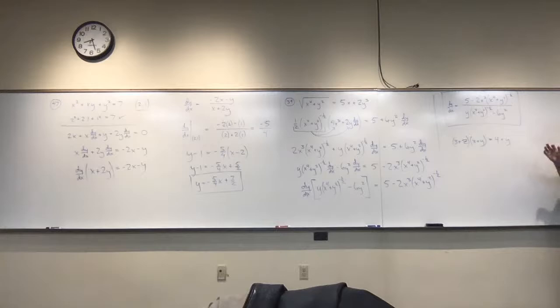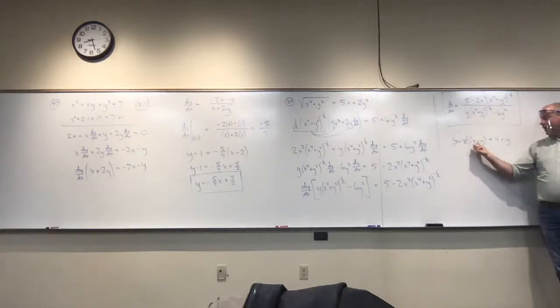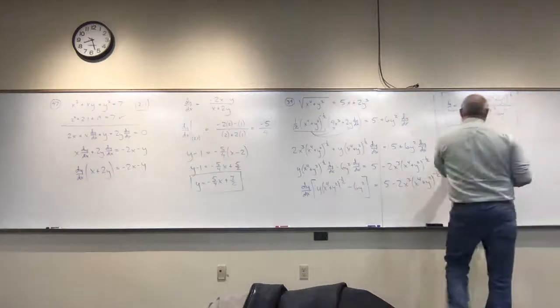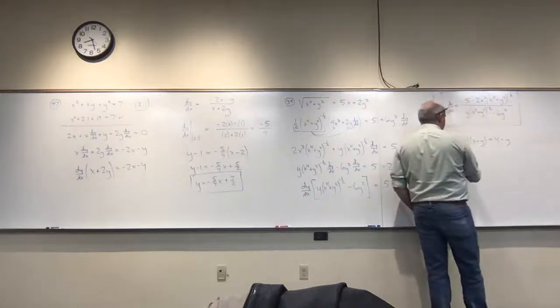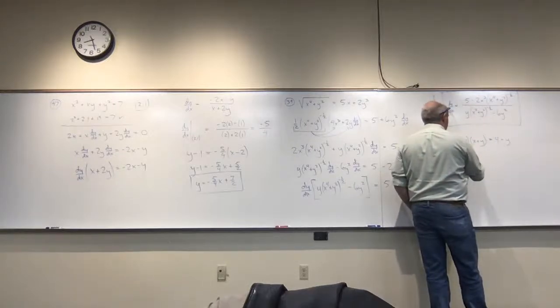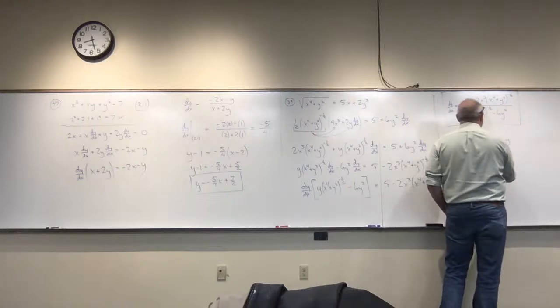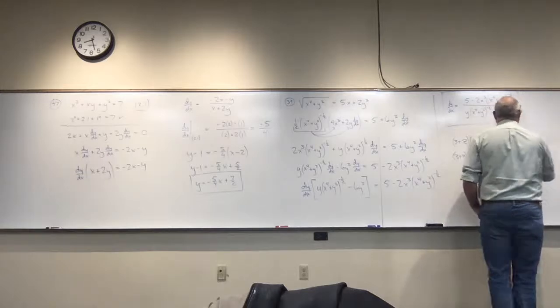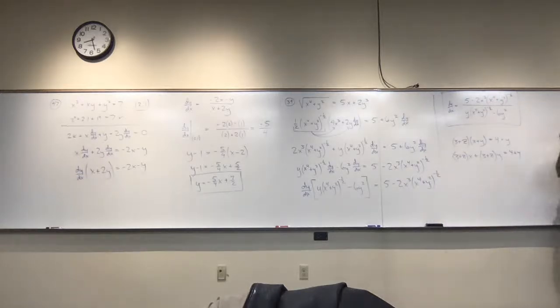The best thing is to get y all by himself, which is great. This y is not by himself, that's not great. So probably what you would do is say, let's multiply this out and write this as 3 plus z times x plus 3 plus z times y is equal to 4 plus y. Now the y is sort of by itself, right? So now you can isolate the y's and factor a y out and then solve for y.